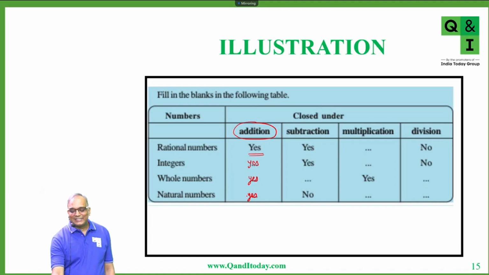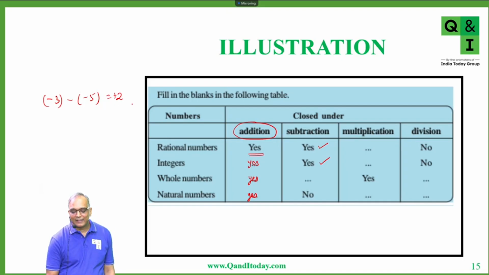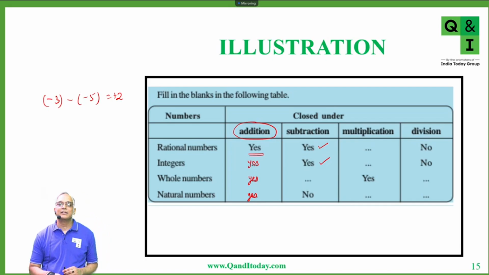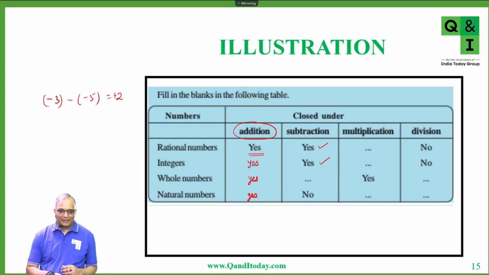Now let's see subtraction. When you subtract two rational numbers, you will always get a rational number. When you subtract two integers, you will always get an integer. For example, if I subtract -3 minus of -5, this is -3 plus 5, that is +2. So this is an integer, right? What happens when you subtract two whole numbers? Will you always get a whole number? No, sir. Give me an example. 5 minus 7.